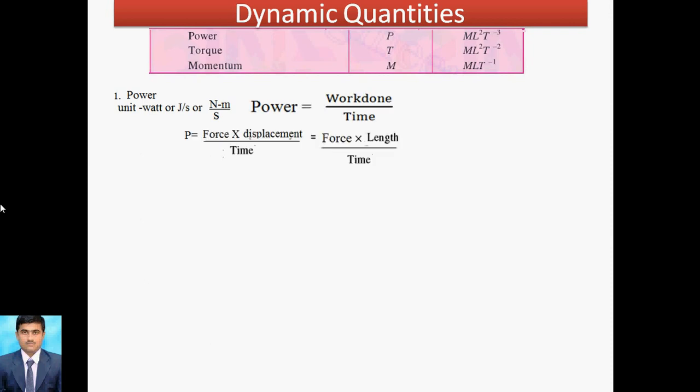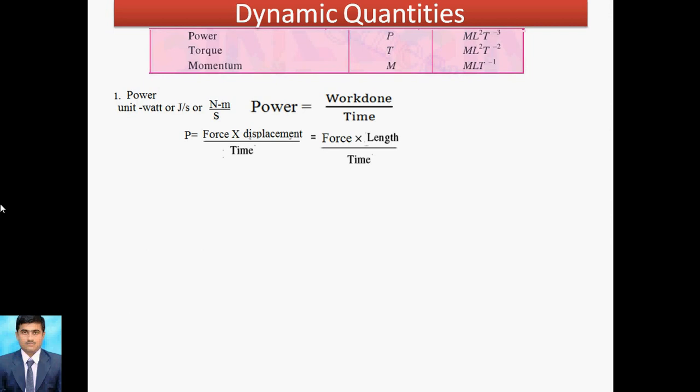The next is power. Power is denoted by P, torque by capital T, and momentum by capital M. As you know, power is measured in watt, joule per second, or Newton meter per second. Power is equal to work done per second, or you can say time. Work done means force into displacement, and time we take as it is.